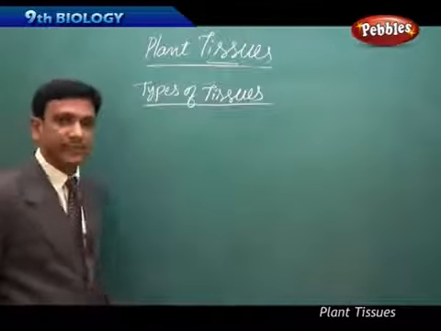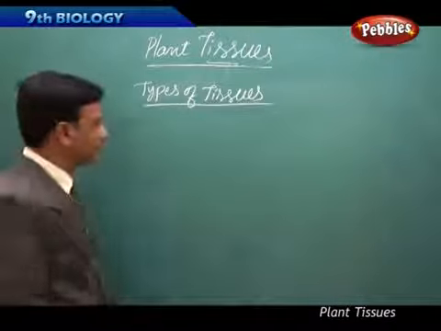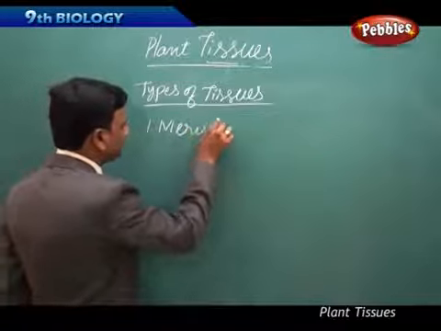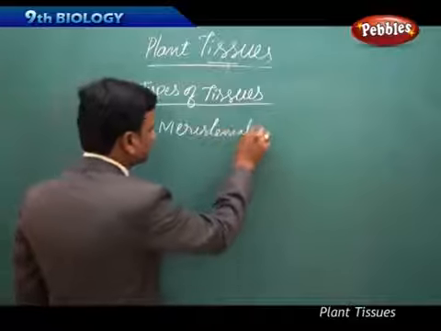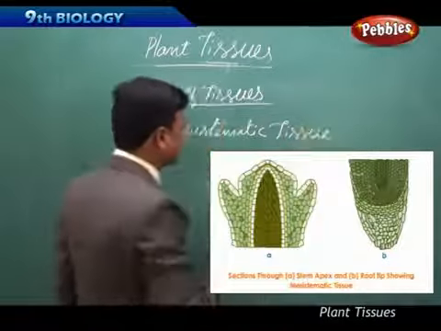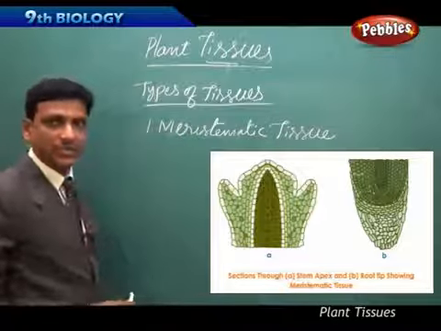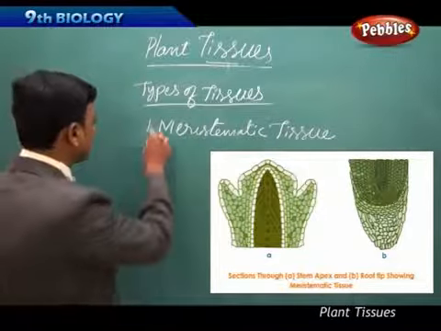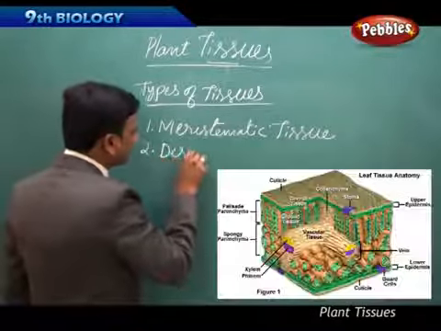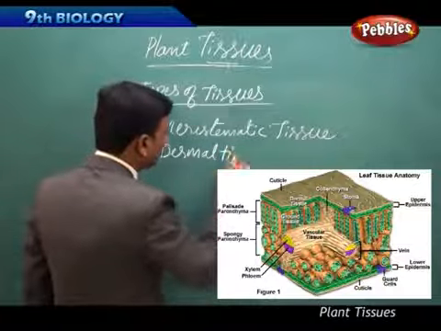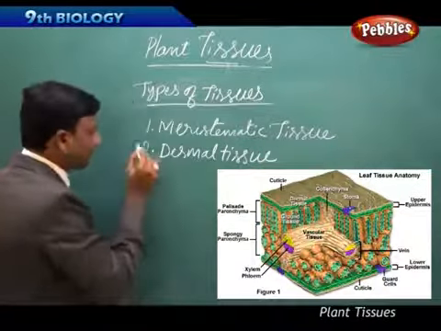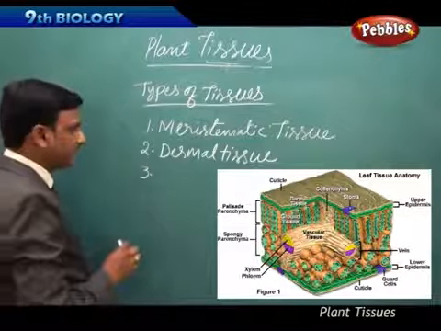Okay, now let us look at the different types of plant tissues. The first one is meristematic tissues. Meristematic tissues are the tissues that help the plant in its growth. The second one is dermal tissues. Dermal tissues are protective in nature. They form different types of coverings and protect the plant parts.